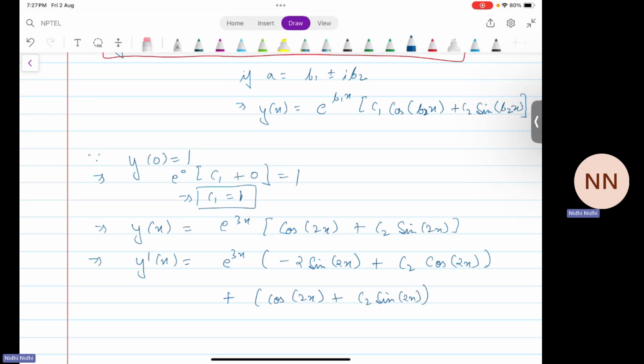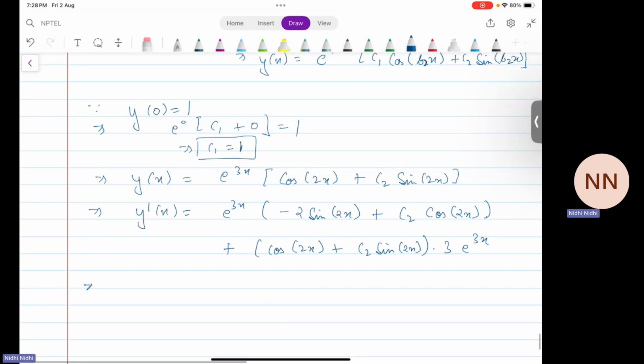And what is the derivative of e to the power 3x? 3 times e to the power 3x. Now this implies y dash(0) is equal to e to the power 0 c2 plus 0 plus 3 e to the power 0 times 1 plus 0, which is c2 plus 3.